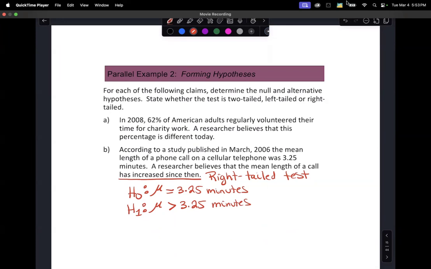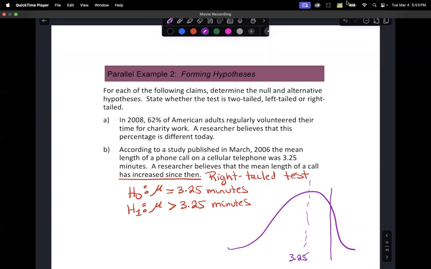Sometimes they're one-sided. So what this would look like, let me draw my curve. My confidence interval basically is all of this stuff over here. My mean is in the middle. This would be my 3.25 minutes.